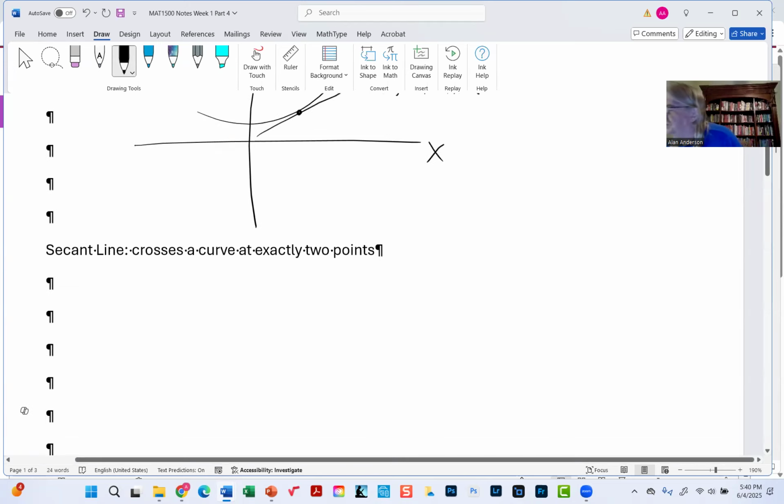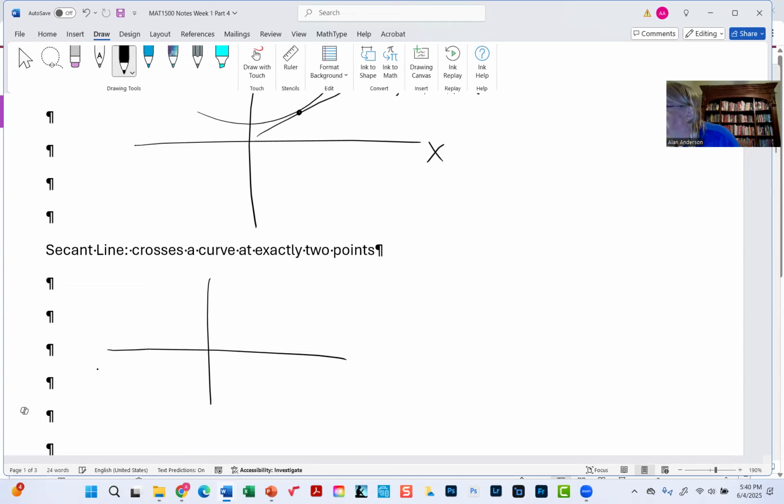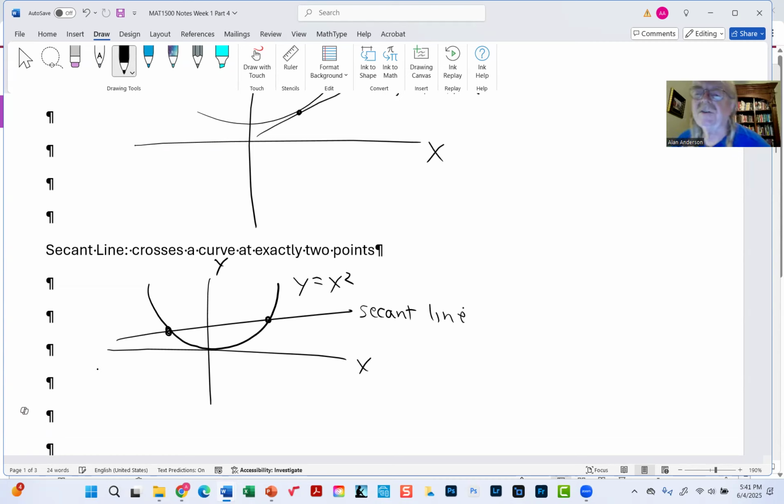So for example, you might have something like this. And we may be interested in the slope of this line, or we may simply be interested in the points where it crosses that curve.